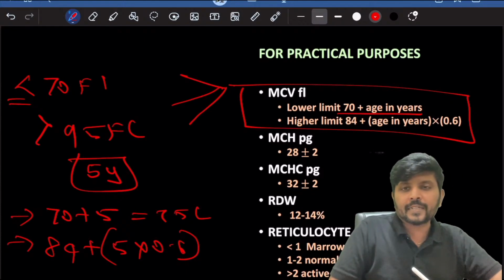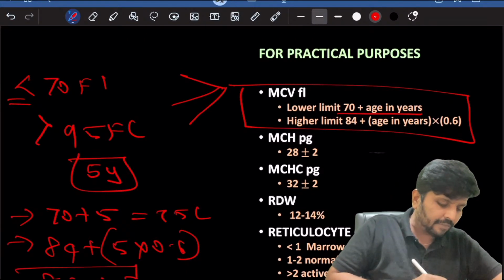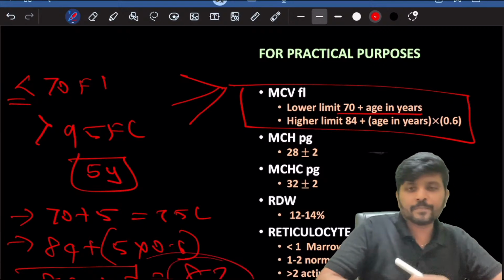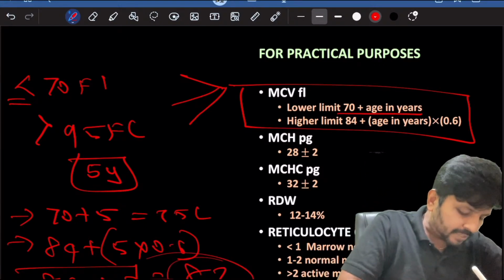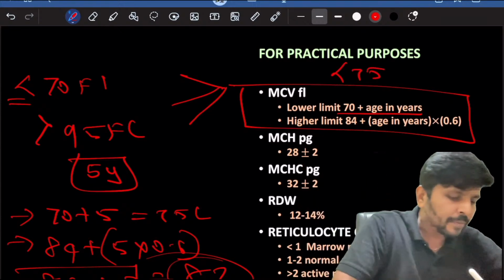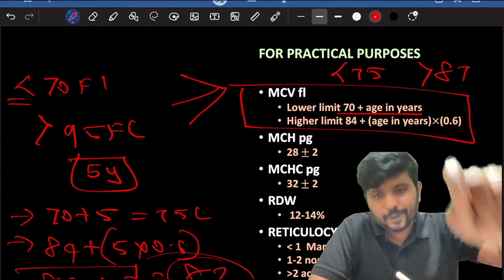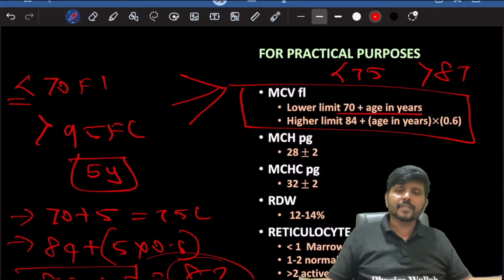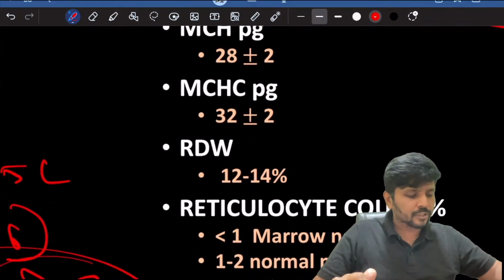So 5 into 0.6 is 3.0, so 84 plus 3. What is the value? 87. So for a 5-year-old boy, an MCV of less than 75 is called microcytic, and an MCV of more than 87 is called macrocytic. That's it. Is it tough? No, not at all.